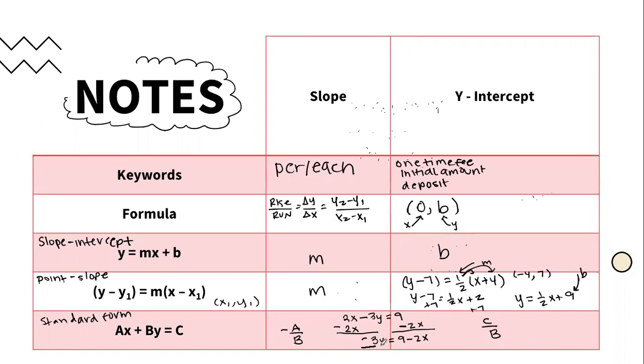And then divide both sides by -3. That would give us y equals 9 divided by -3 is -3, and -2 over -3 is +2/3 x. So it gives us a y-intercept of -3 and a slope of 2/3.